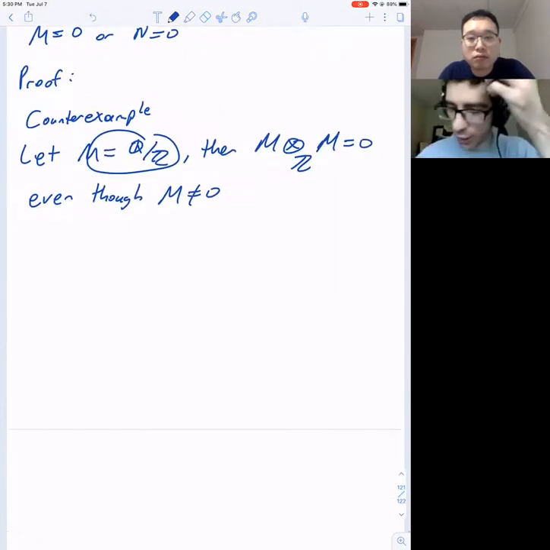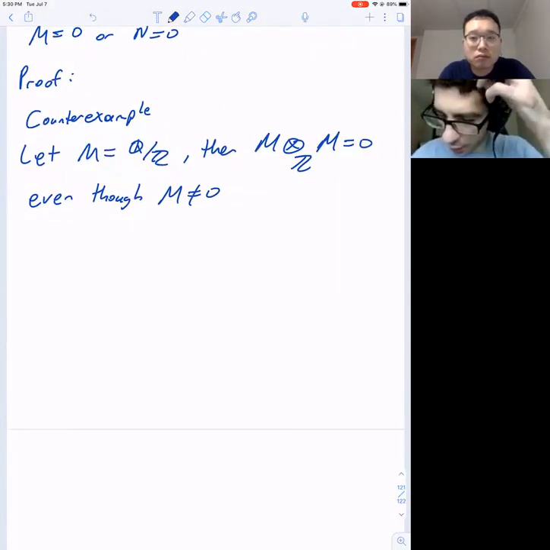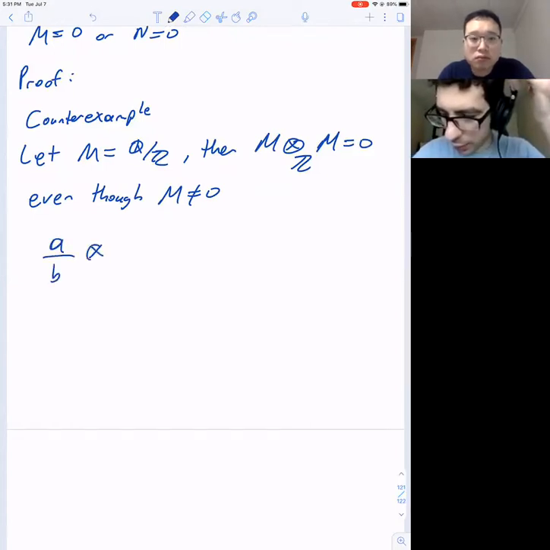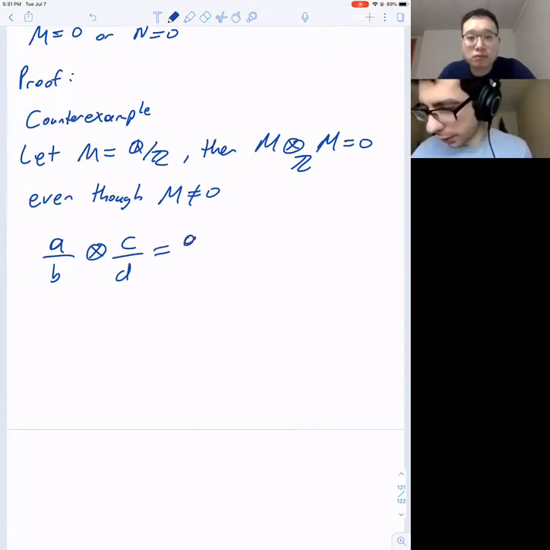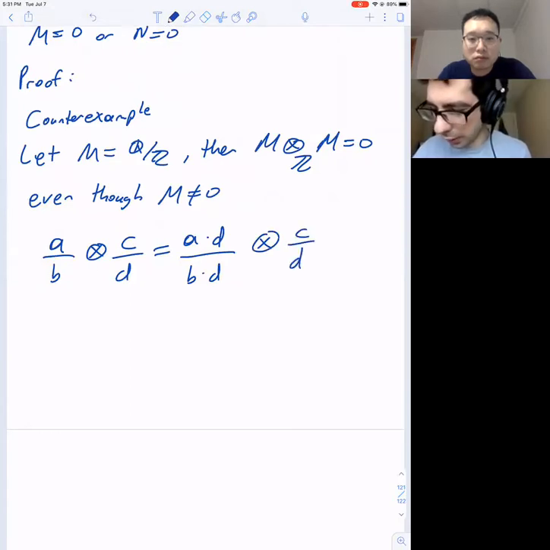Yeah, I know why. Because take any a over b tensor c over d over the Z. This is going to equal a times d over b times d tensor c over d. And because this is a Z module, d is an integer, we can switch it around.